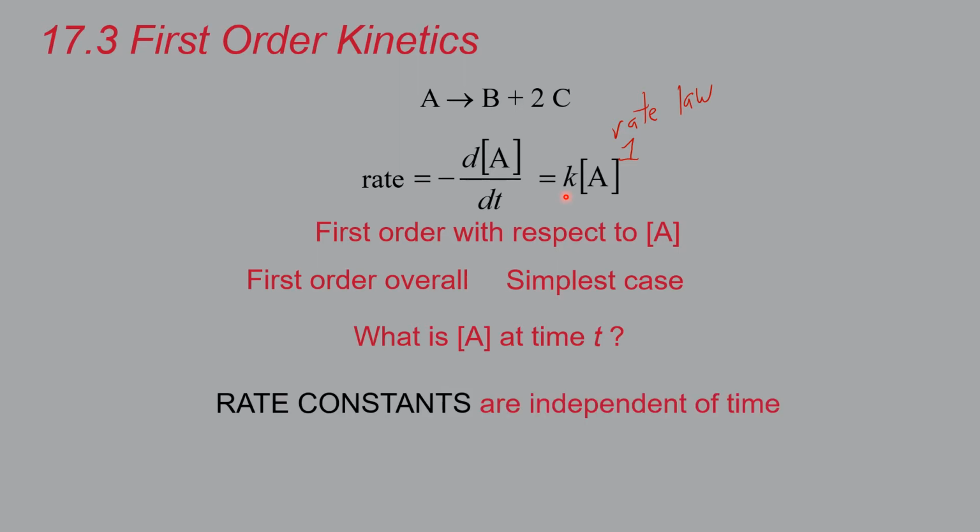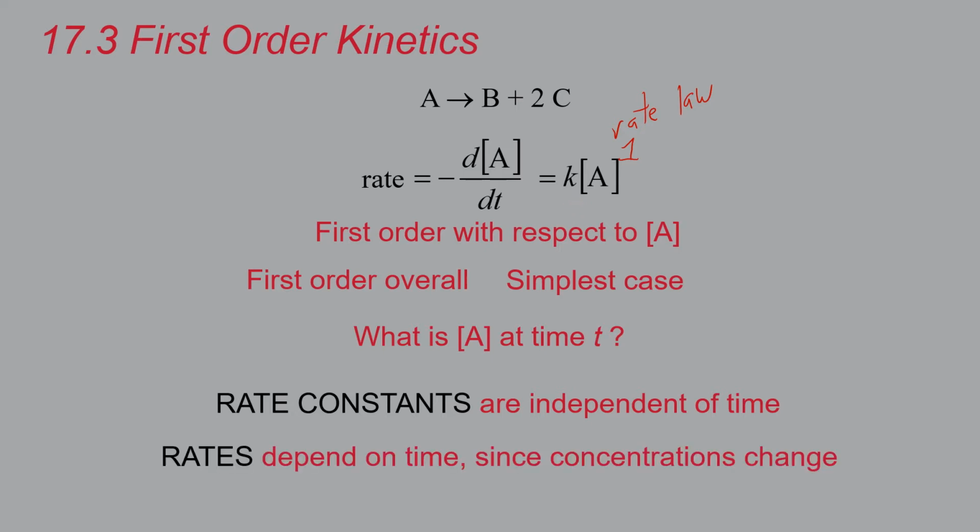And this is a little more complicated than you might think. Now remember that the rate constants were, as the name implies, constant. But the actual rate is ever changing because the rates also depend on the instantaneous concentrations.